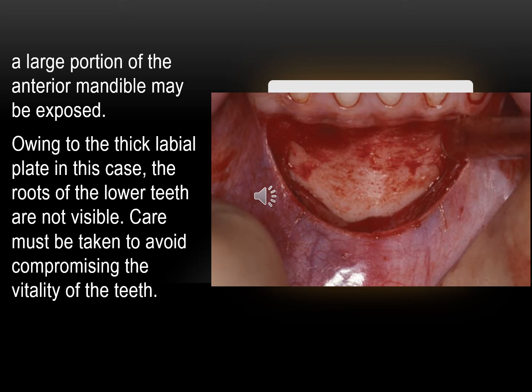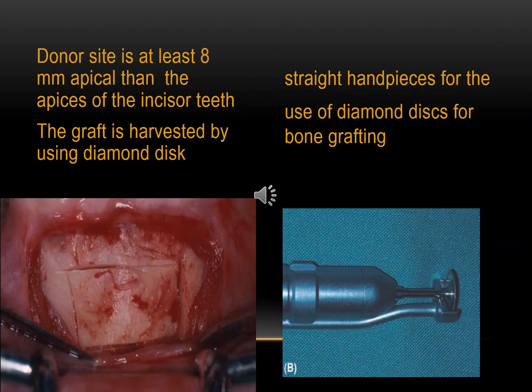We can imagine the location of the apex of the mandibular incisors. After that, we can start outlining the cutting apical to the apex of these incisors by 8 millimeters.